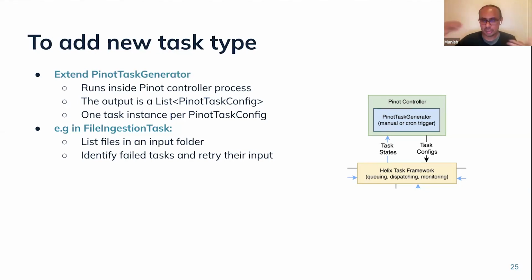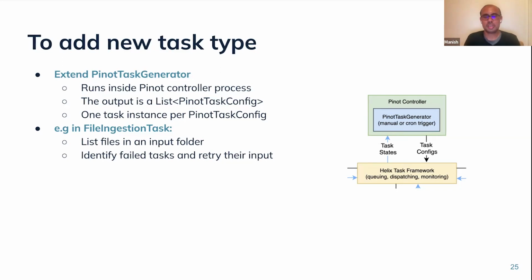And so it creates Pinot task configs. What this means is that for each of those minion workers there is a dedicated Pinot task config. When you say a list of Pinot task configs, each one can go to a separate minion worker.